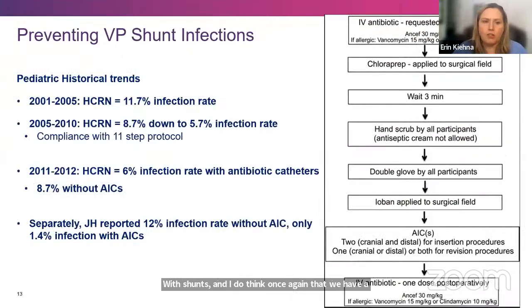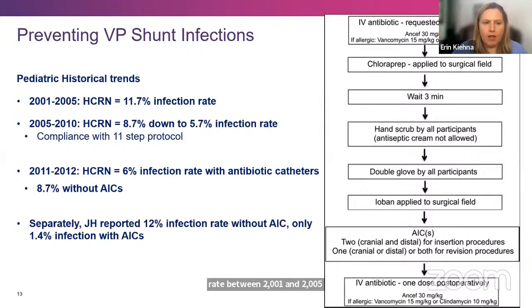So this is what the Hydrocephalus Clinical Research Network did, where we're focusing more on our pediatric patients. When they first started trying to address pediatric shunt infections, they noted an 11.7% infection rate between 2001 and 2005.